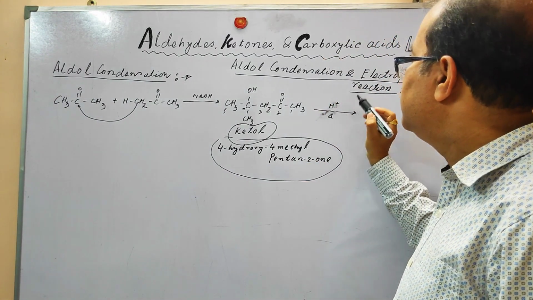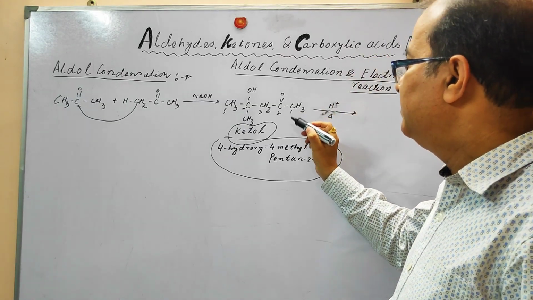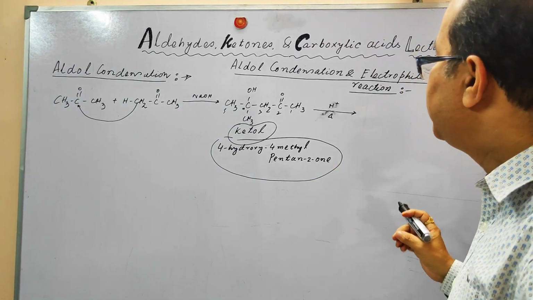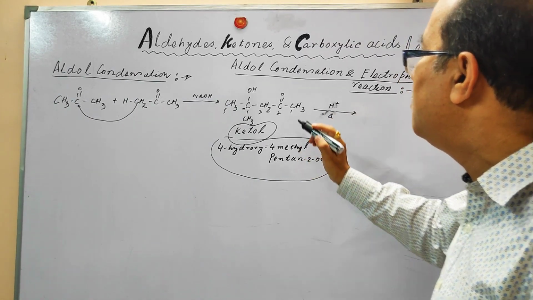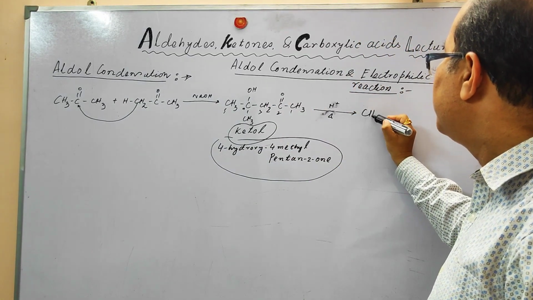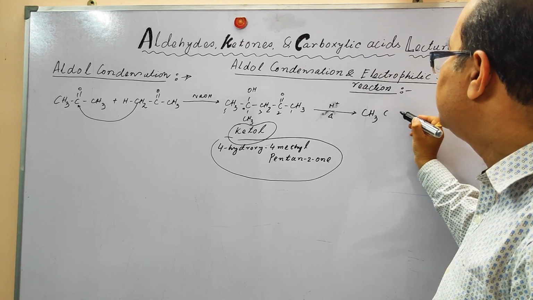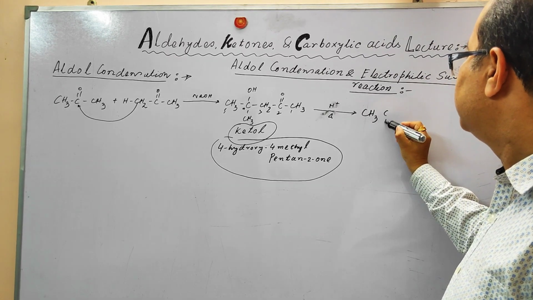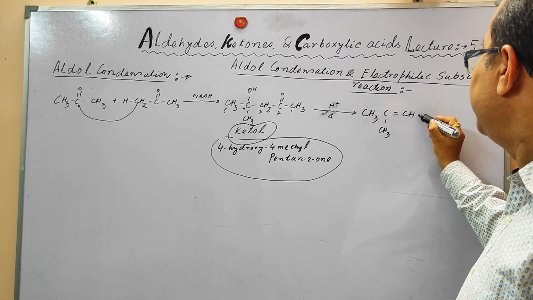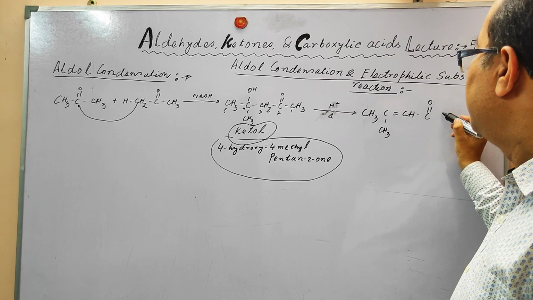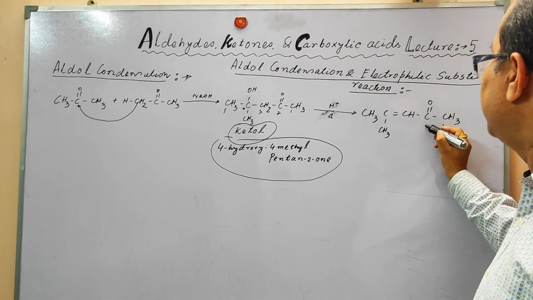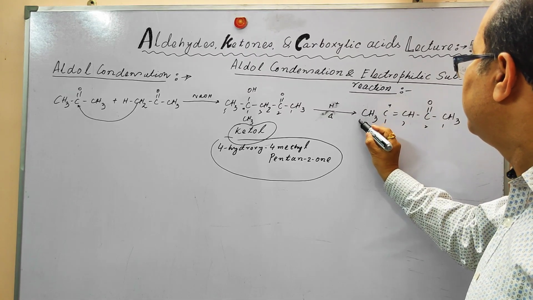And when this product, the aldol product, which you can basically call a ketone, is being eliminated, there is elimination of one H2O from one hydrogen here and this OH. It will produce an alpha beta unsaturated ketone. Here it is a ketone, alpha beta unsaturated ketone, numbering 1, 2, 3, 4, 5.